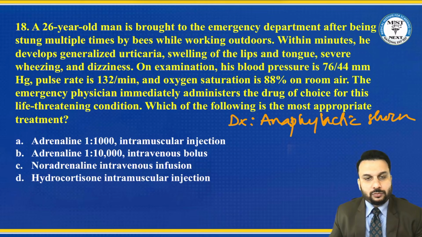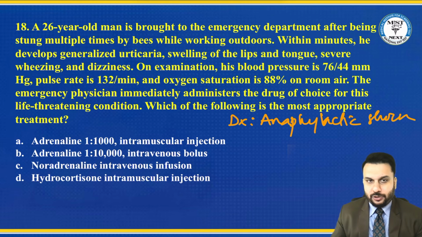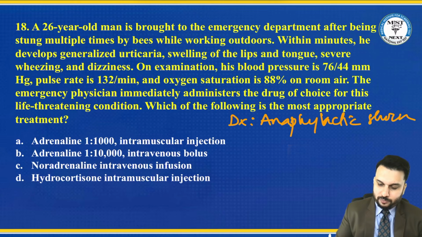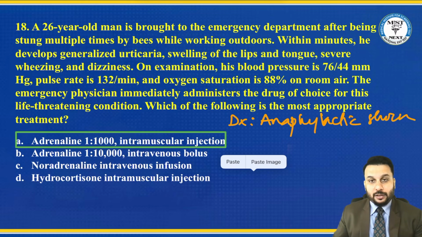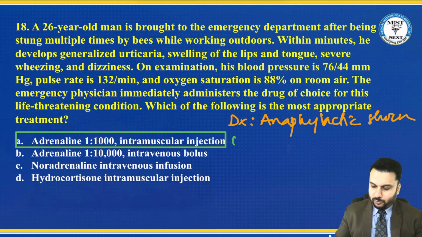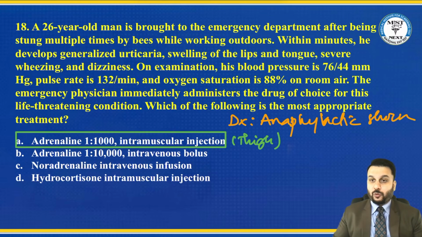And what do we give in anaphylactic shock? Adrenaline. Okay, but how do you give adrenaline? That is important. 1:1000, that is the concentration of adrenaline, and that is given by IM route on the thigh. Okay, IM route on the thigh.